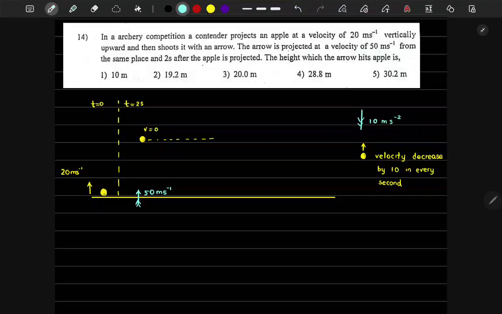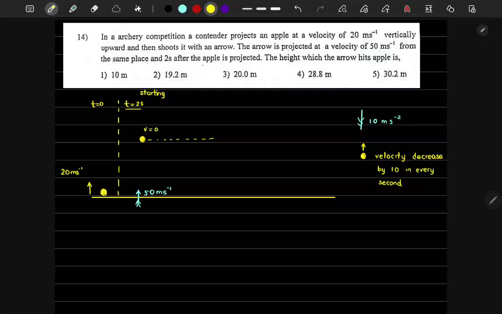So if we consider this as the starting position now, this is not relevant for us. Only the time taken is relevant for us.